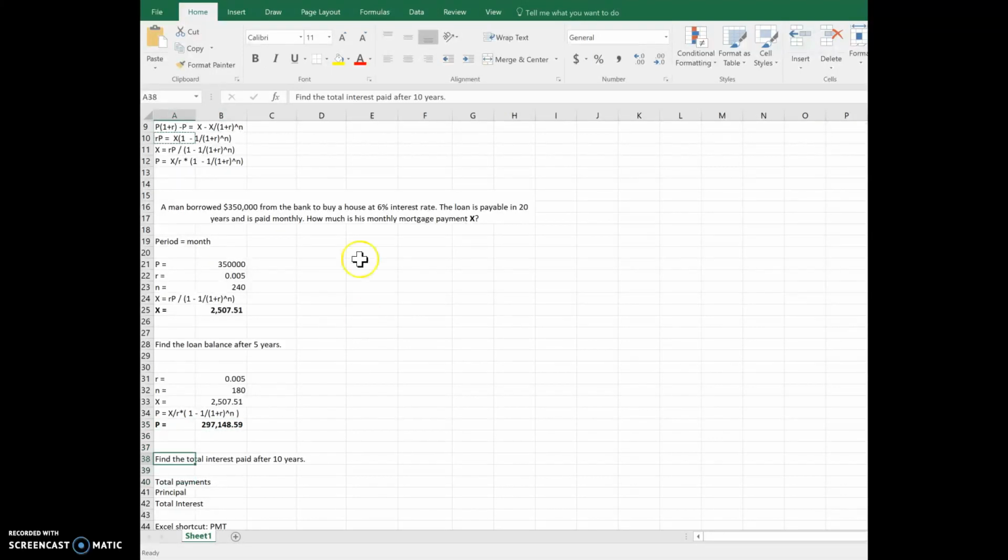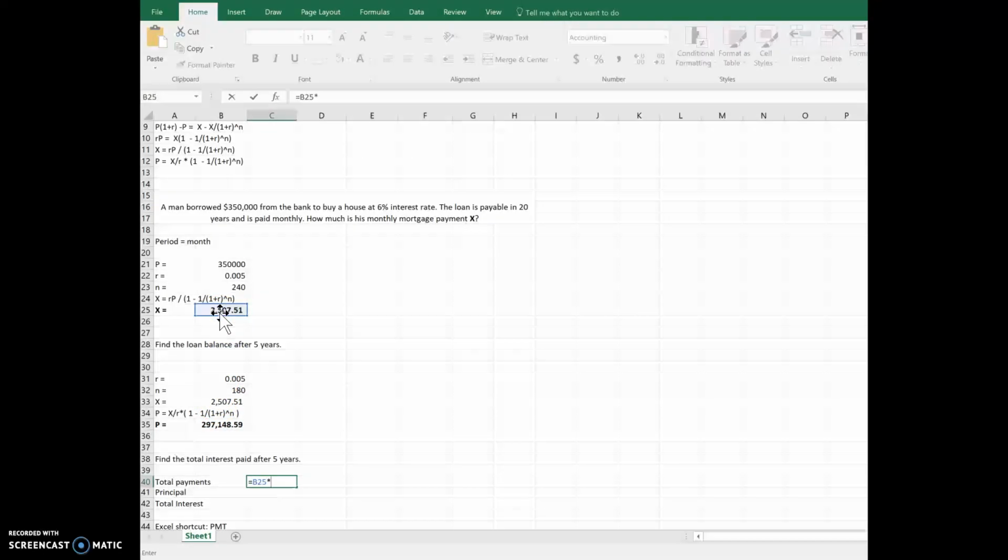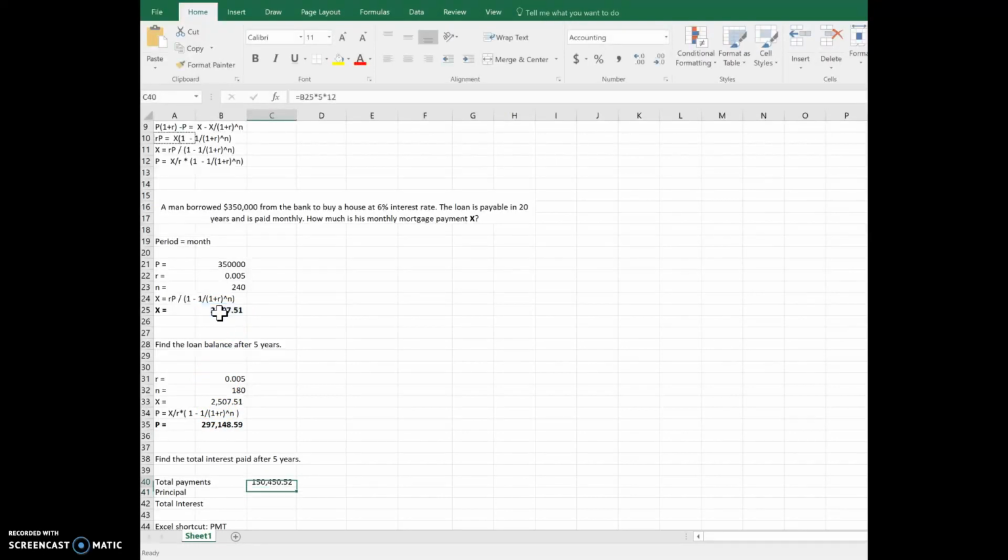So we want to find the total interest paid after 5 years. The total payments made after 5 years: he's making 2,500, but 5 years is 60 months. So he paid a total of $150,000.